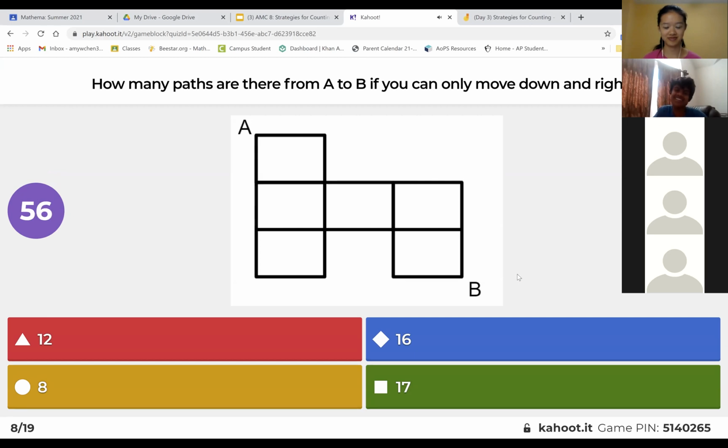Okay, this is the weird one. Do you want to draw it on your paper, or maybe you don't have to.